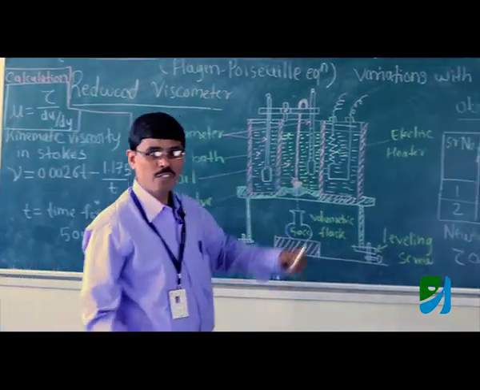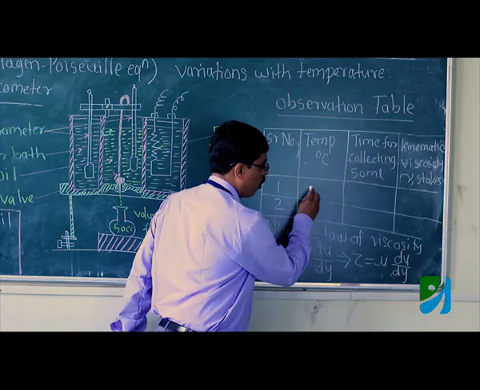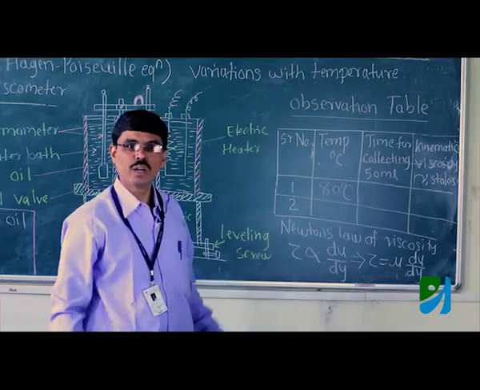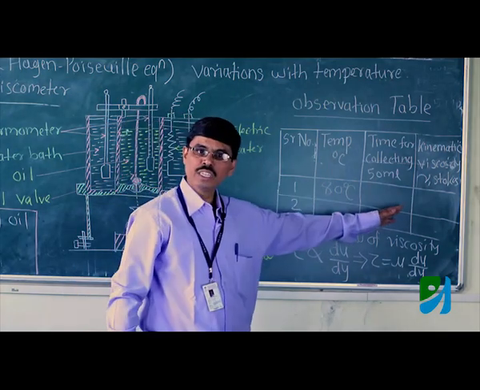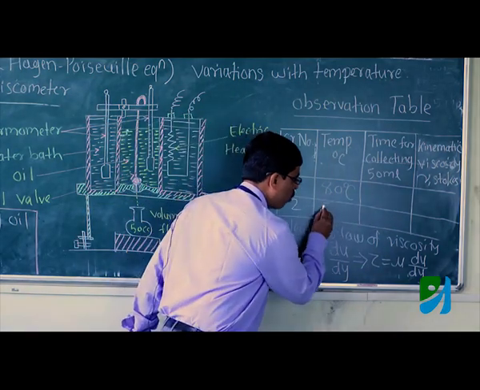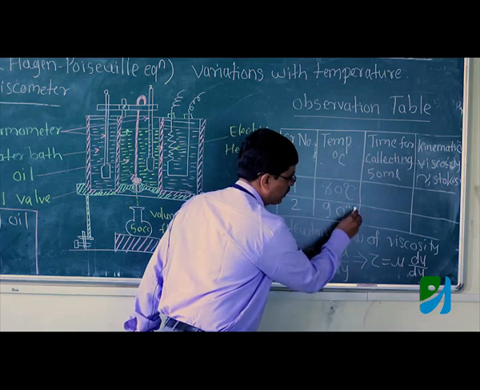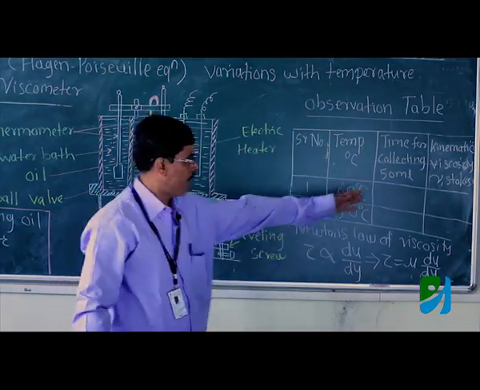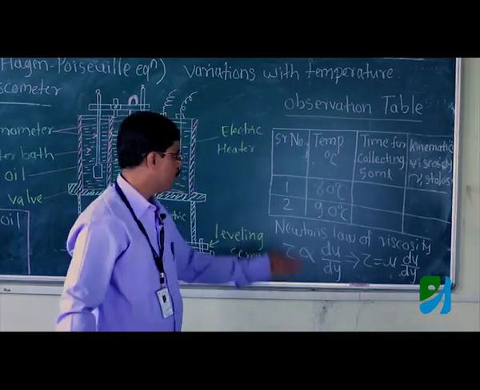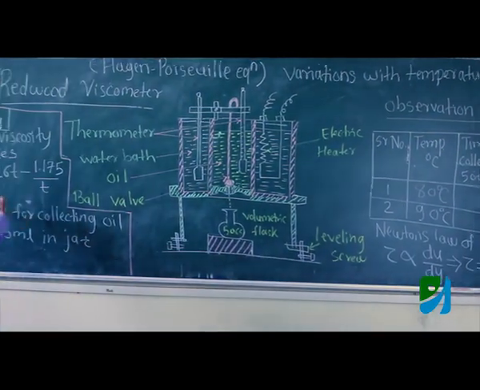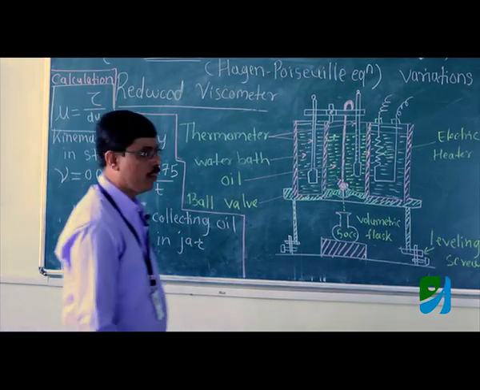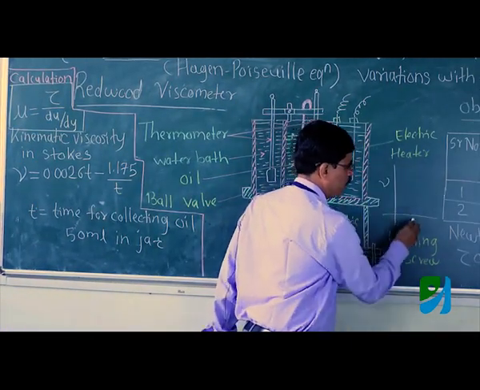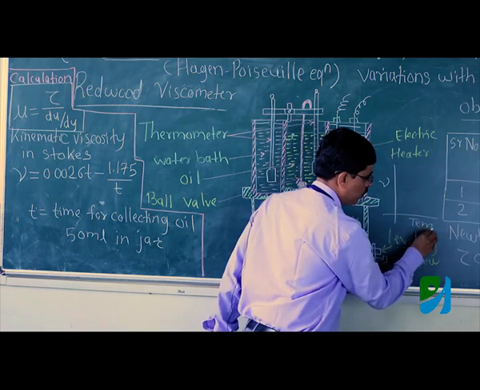For 80 degrees Celsius we are taking a reading, then later you can go on taking readings for 90 degrees Celsius. In this way you will find different readings, determine different kinematic viscosities using this equation, and finally you will be able to plot a graph of kinematic viscosity versus temperature.